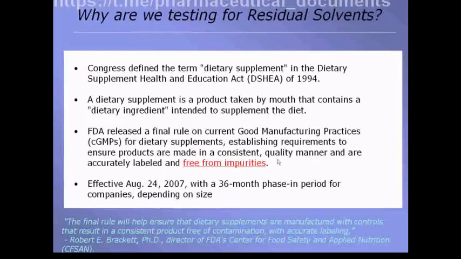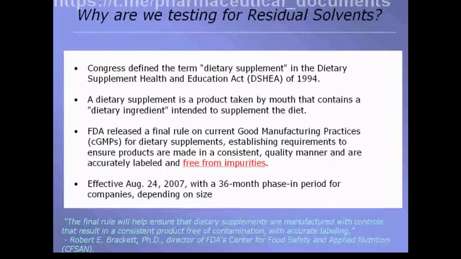And I've highlighted this free from impurities because when we look at residual solvent testing, what this really is is a way to look for organic volatile impurities, also called residual solvents. So what we will discuss is one method for doing so, USP 467, and how we can implement this impurity analysis into our laboratory.